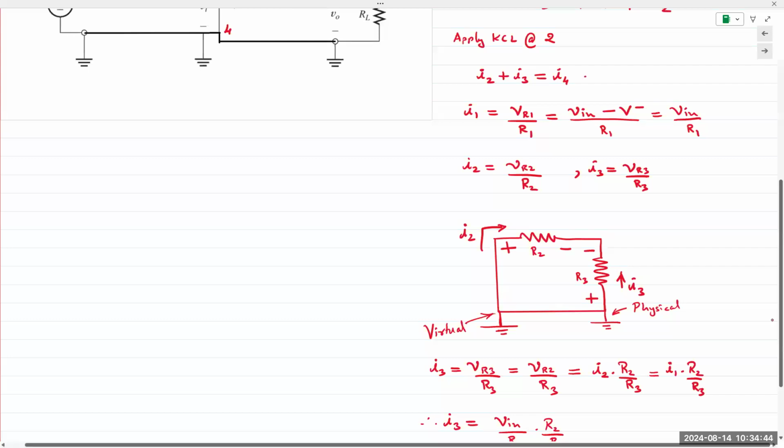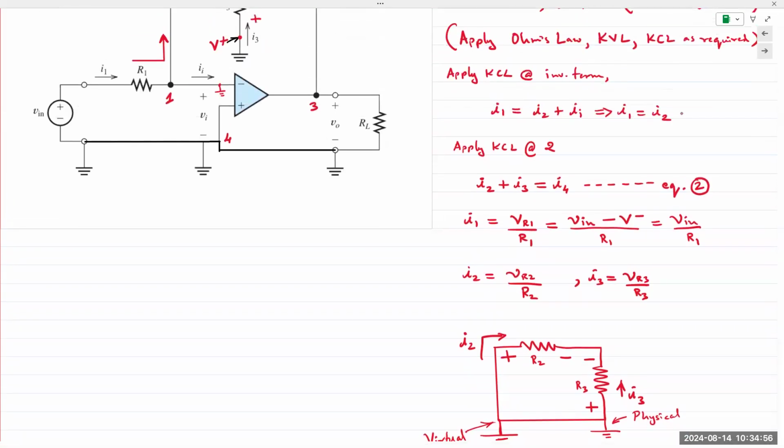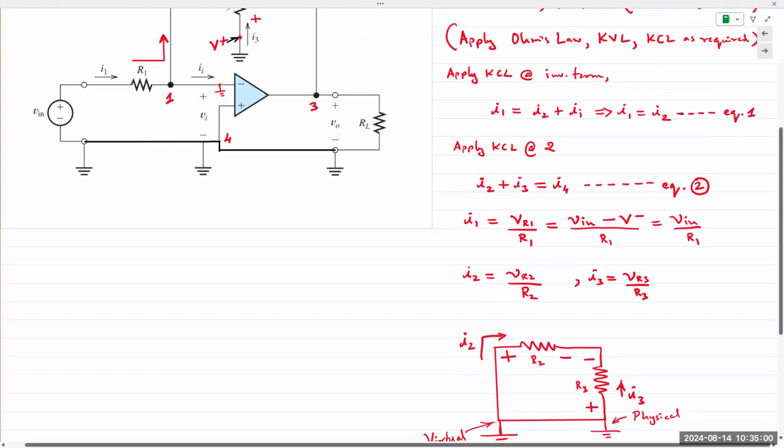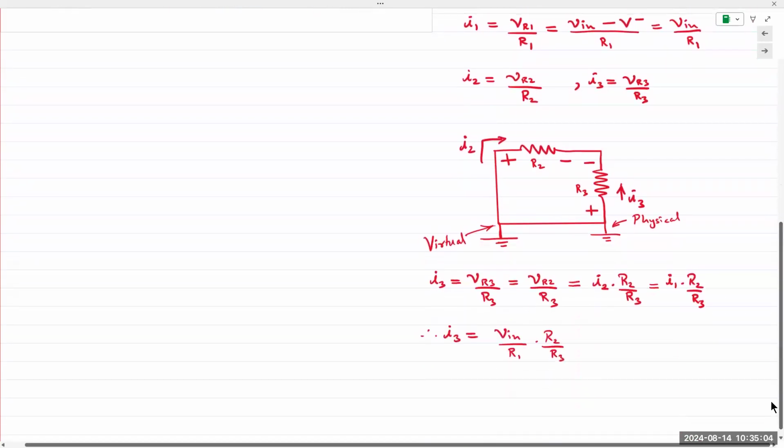Let me call this equation 2. Let's label this as equation 1. And we can actually, let's call this equation 3.